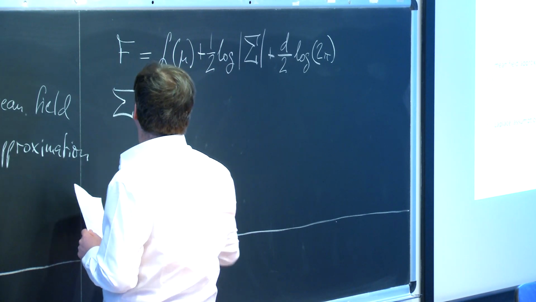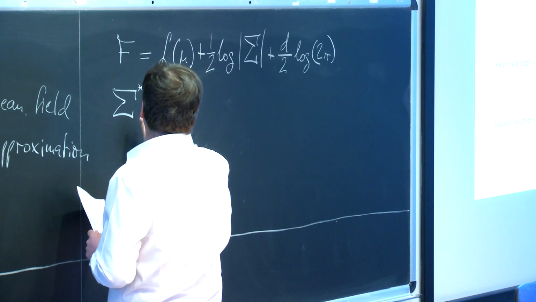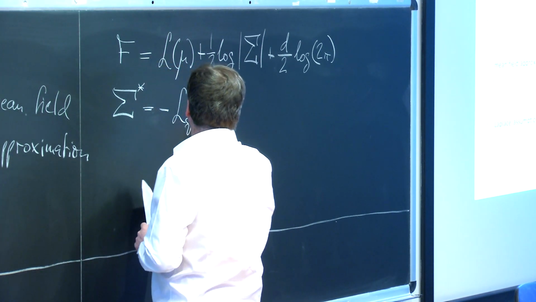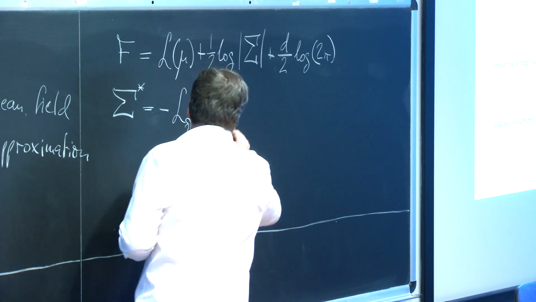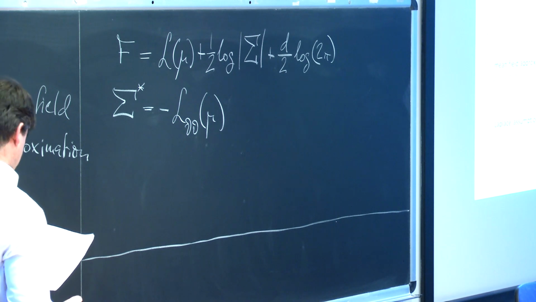The optimal value for the covariance we have found to be minus the Hessian, again evaluated at our expansion point.